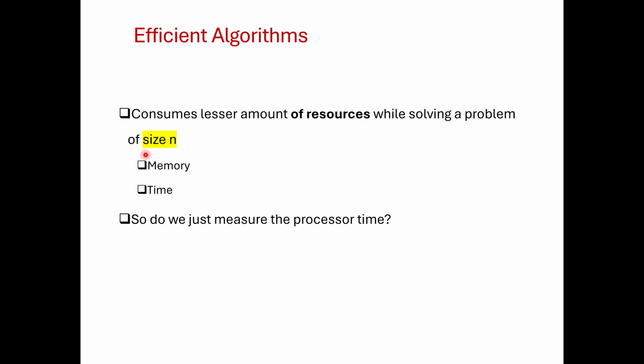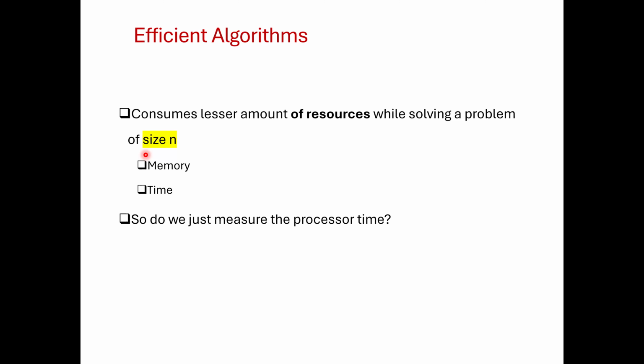So what we mean by that is if algorithm A is processing 100 values, algorithm B must also be processing the same 100 what? Values for us to be able to compare. Now, if one is solving 100 values and the other is solving 10,000 values, we cannot compare. They are doing different things. Whatever the running time or memory usage is different for the two problems and cannot be compared.